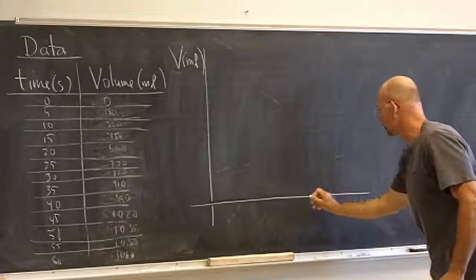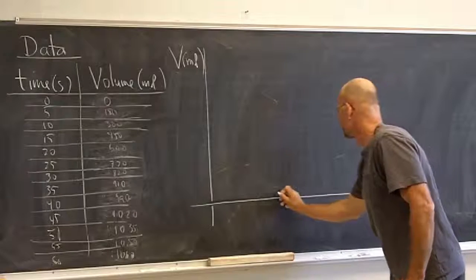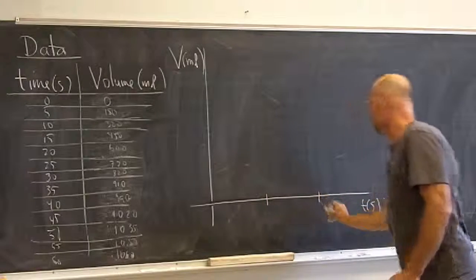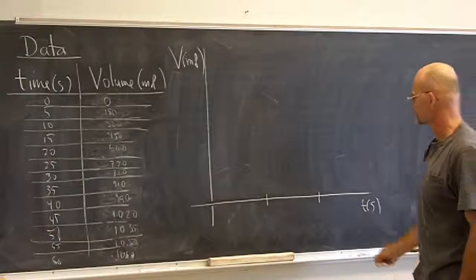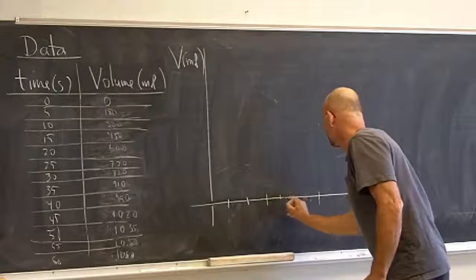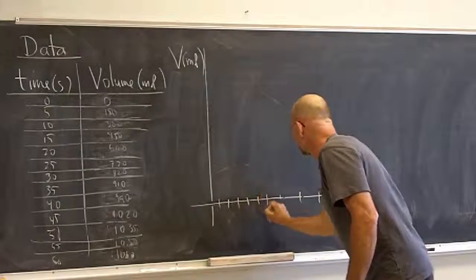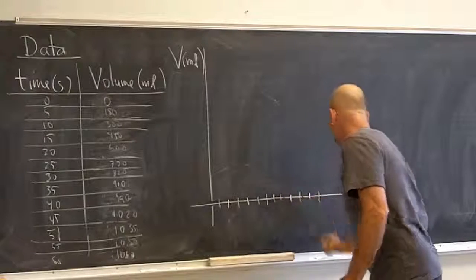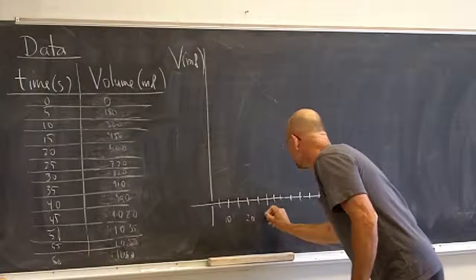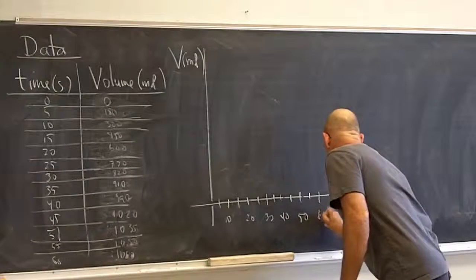So if we're going to call this maybe 30 and 60 seconds, we could have 10, 20, 30, 40, 50, 60. There we go. 10, 20, 30, 40, 50, 60.